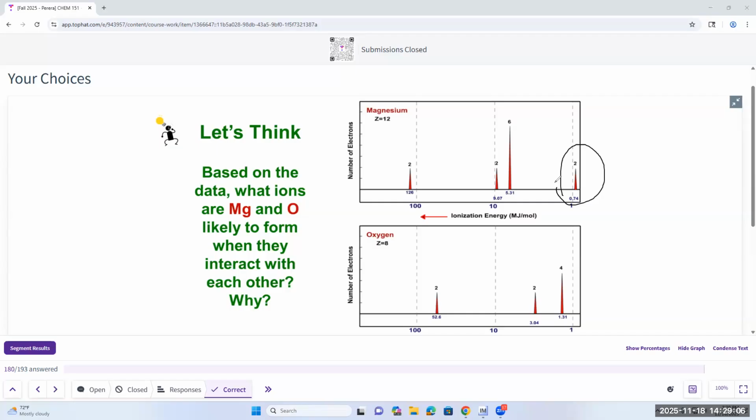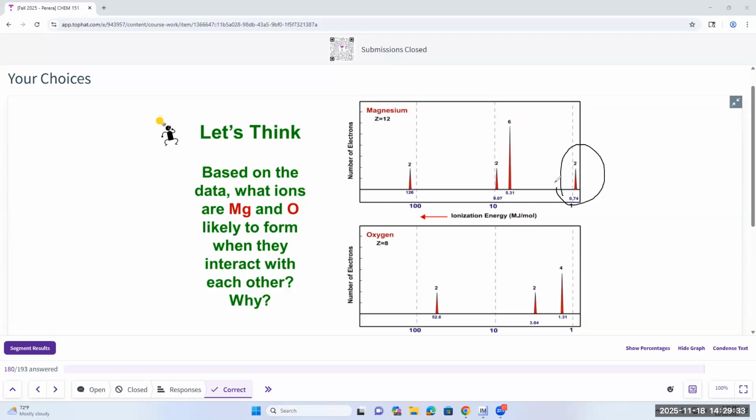If oxygen wants to become like a noble gas, it has 2 options: it can either gain 2 or lose 6. What is more likely? Gaining 2 is more likely. If it gains 2 electrons, 2 negative charges, what will be the charge of oxygen then? -2. That's why it's going to form -2. Wonderful, thank you.